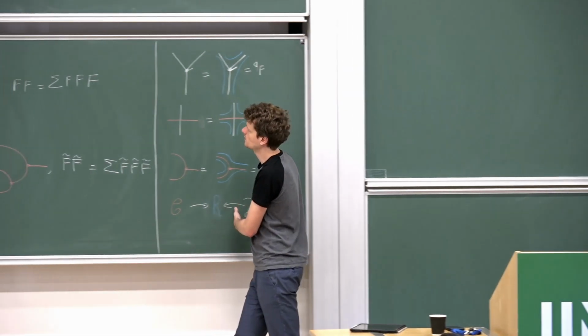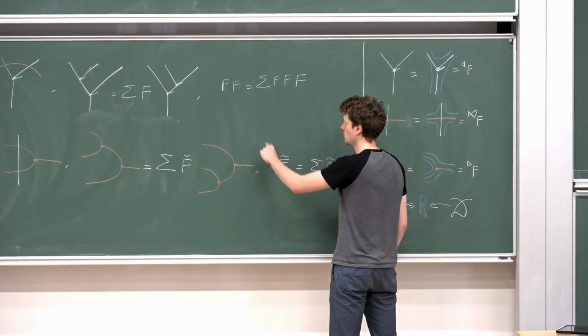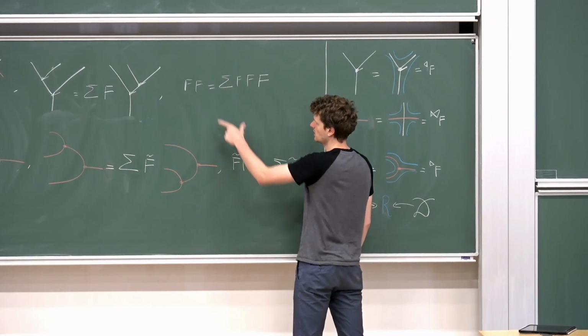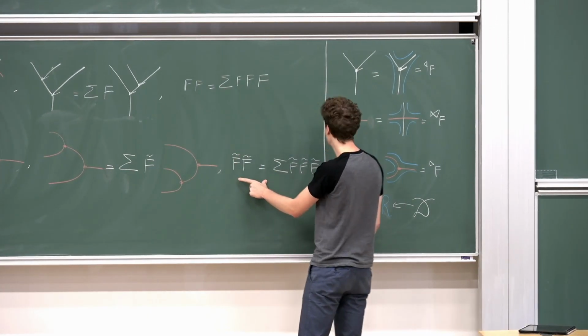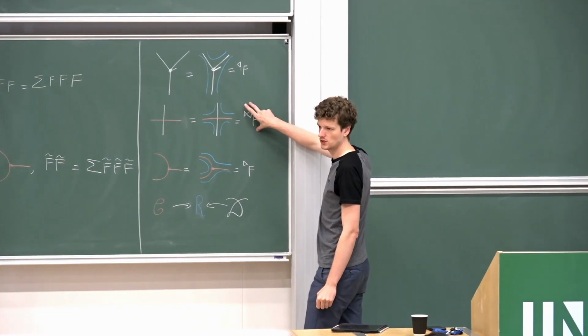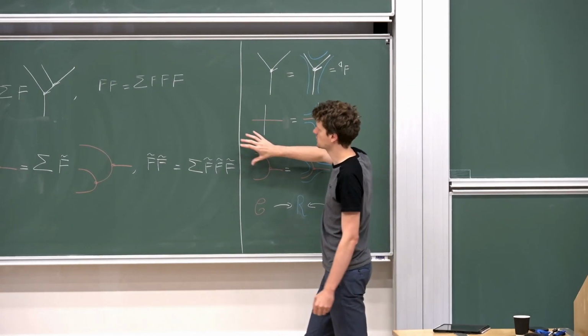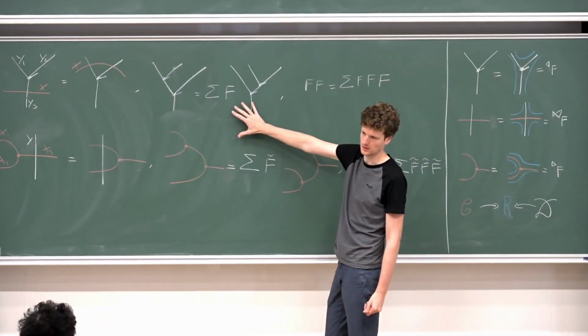Part of those associators are this one and this one. These are just the associators of C and of D. And then you have all these module associators and this bimodule associator here that allow you to define explicit tensors in such a way that these equations will be satisfied.